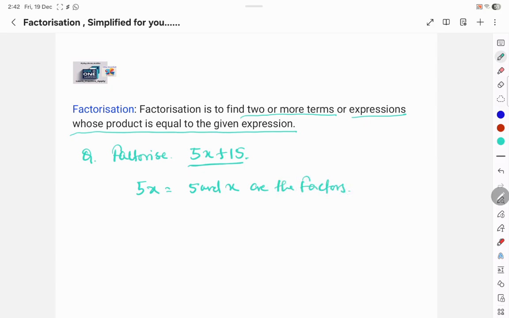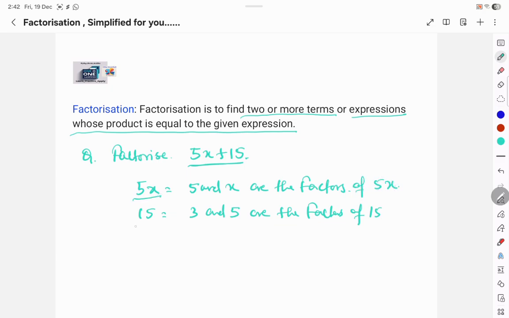We have seen it in previous examples. And if I take 15, then 3 into 5, or we can say 3 and 5 are the factors of 15. Here they are the factors of 5x.